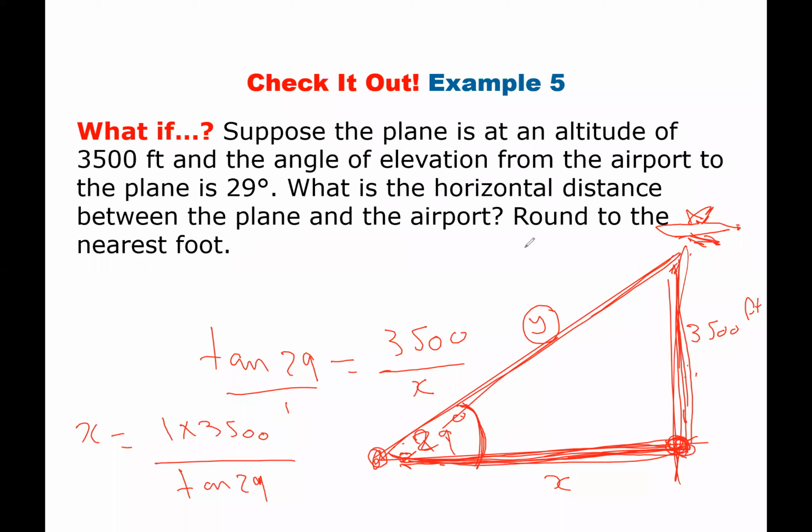Then you will use sine 29 equals 3500 divided by y, and y will be 3500 divided by sine 29. So you can find this side by using one of the three functions, sine, cosine, or tan.